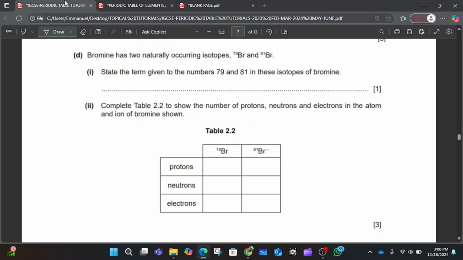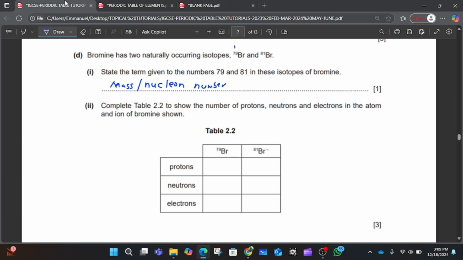D. Bromine has 2 naturally occurring isotopes, bromine 79 and bromine 81. I. State the term given to the numbers 79 and 81 in these isotopes of bromine. So this is the mass number, which is also called nucleon number.